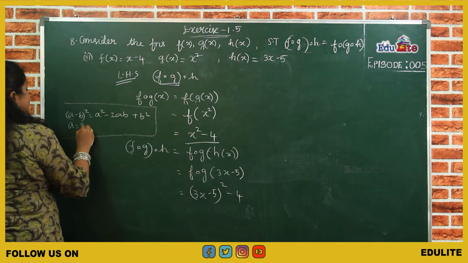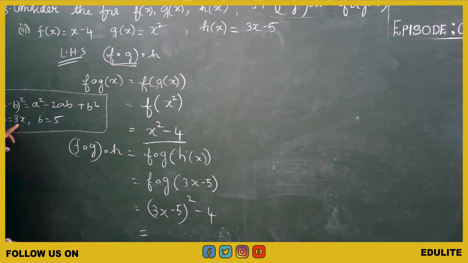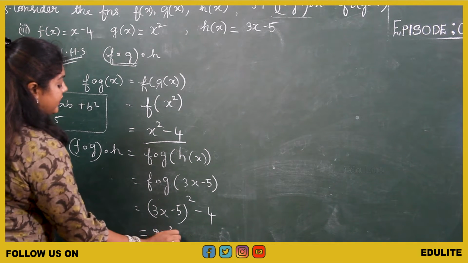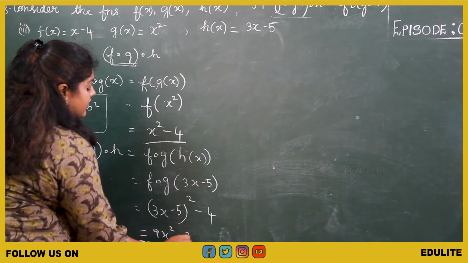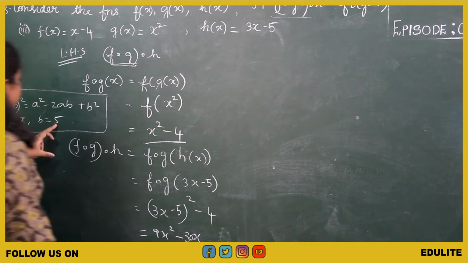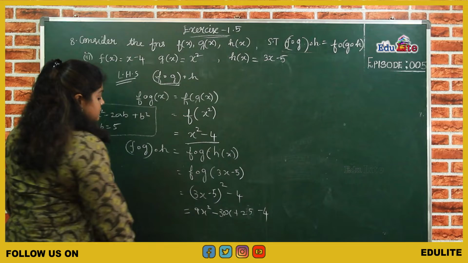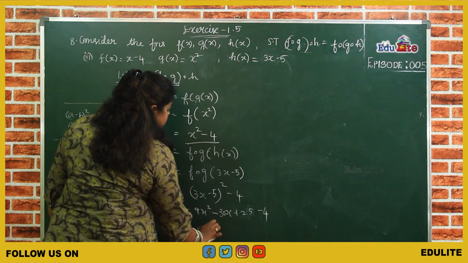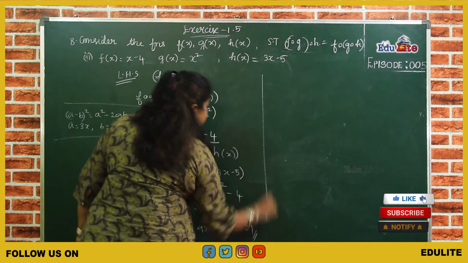A equals 3x, b equals 5. So 3x square is 9x squared minus 2 into 3, 6 into 5, 30x plus 5 square is 25 minus 4. So simplifying this, we will get 9x squared minus 30x plus 21. So this is our left hand side.